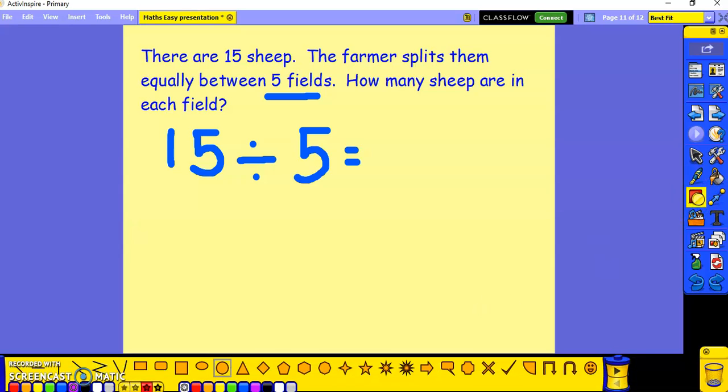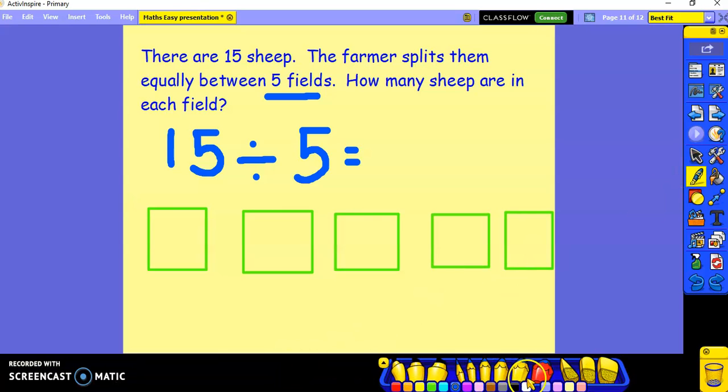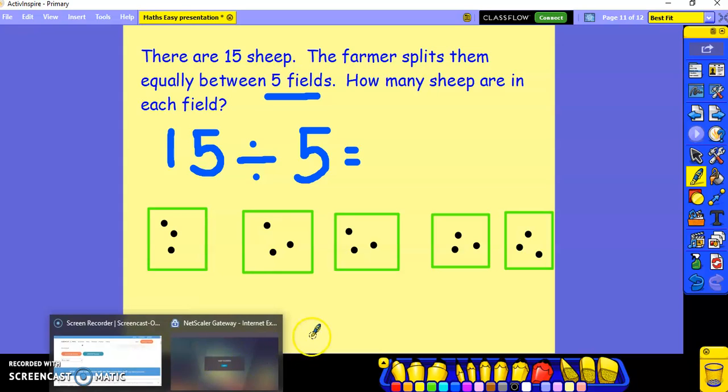So I'm going to use my square this time, or my rectangle, and I'm going to have 1, 2, 3, 4, 5 fields, and I'm going to share out my 15 sheep. 1, 2, 3, 4, 5, 6, 7, 8, 9, 10, 11, 12, 13, 14, 15, 16. Oh, well done to everybody who stopped me there. It was only 15, so I didn't need to do an extra one.